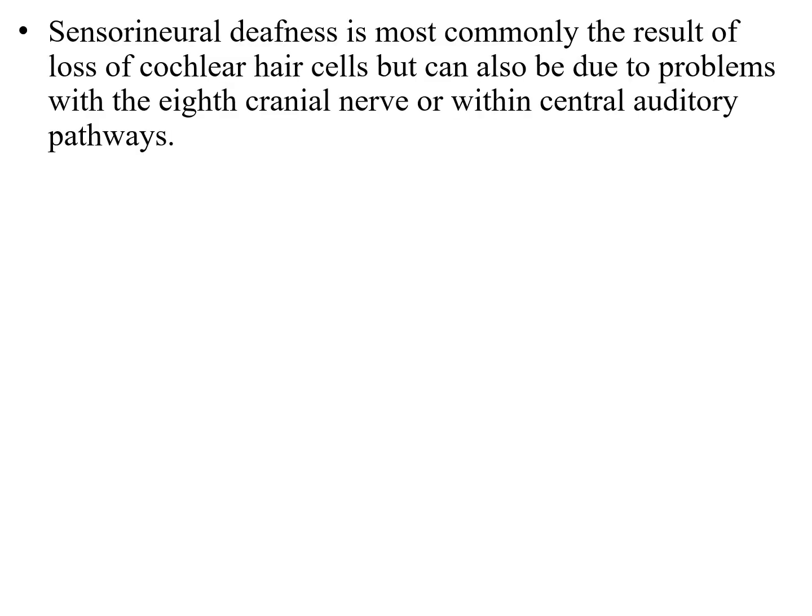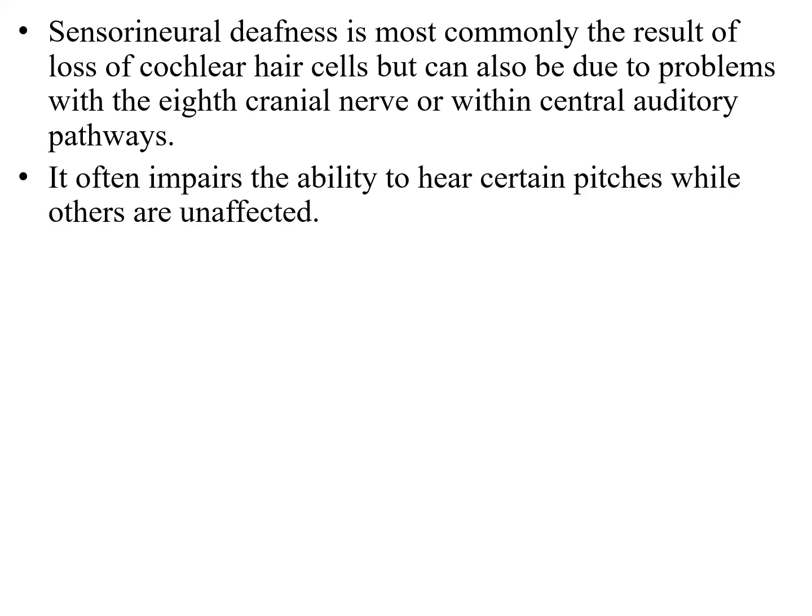Sensory neural deafness, as the name suggests, is most commonly either due to loss of the hair cells or any disease affecting the hair cells, or due to problems in the 8th cranial nerve, that is the auditory nerve, or within the central auditory pathways. One interesting feature of sensory neural deafness is that often the deafness affects certain pitches or tones while others are unaffected.